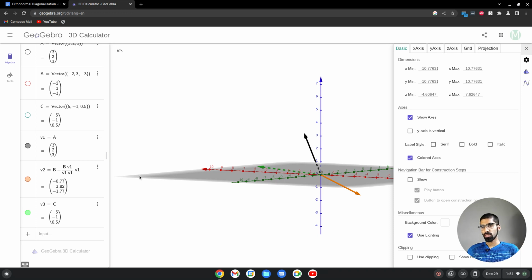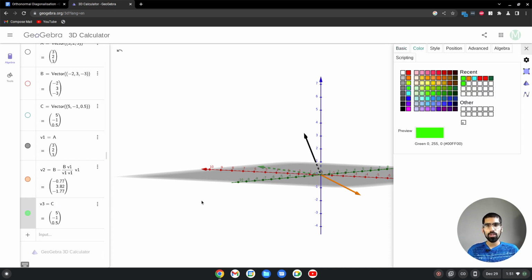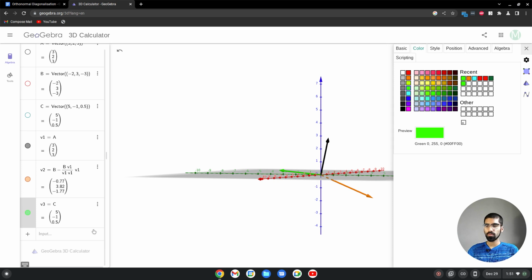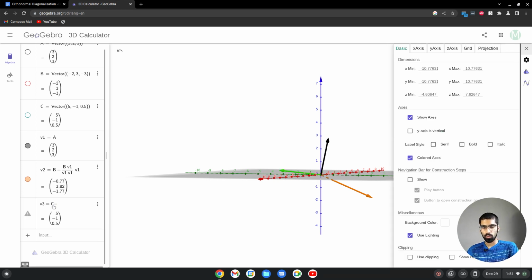Well, we just have to subtract away the components of V2 or V1 that could be in the same direction as C. So again, we're gonna use the projection tool for that. So we want to check what components of C are in the same direction as V1 and subtract away that component.